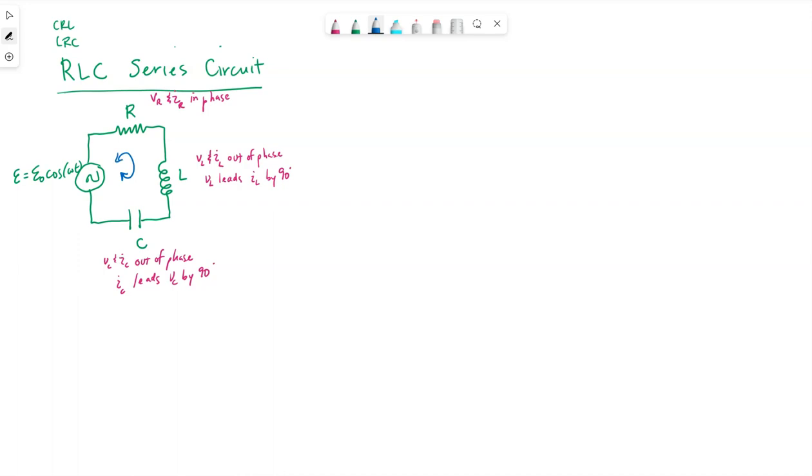The amount of current flowing at any moment in time is going to depend on the overall ohms in the circuit, so that depends upon the angular frequency of this source, as well as the element values like L and C and R. So we're going to draw a phasor diagram to represent this and relate all of these three elements together to that source voltage.